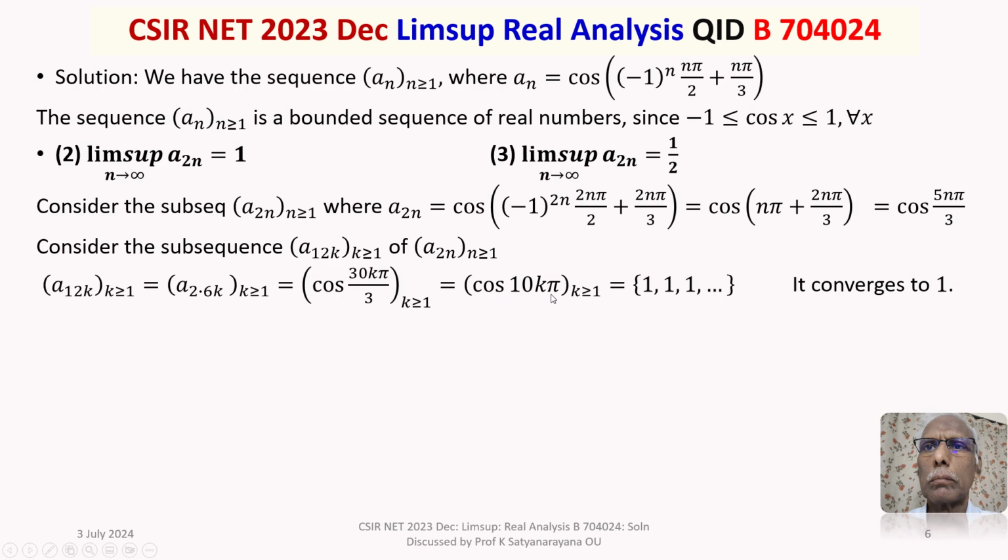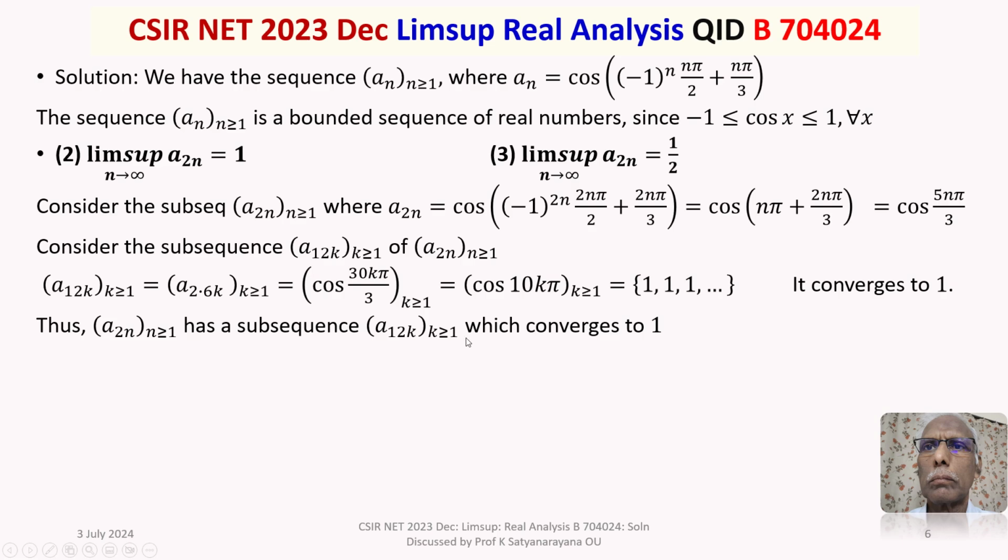Cos 10k pi, for any value of k, will be 1. So this is a subsequence 1, 1, 1, 1, 1, which is a constant sequence which converges to 1. What does it say? Thus, a_2n, n equal to 1 to infinity, has a subsequence a_12k, where k is 1 to infinity, which converges to 1.